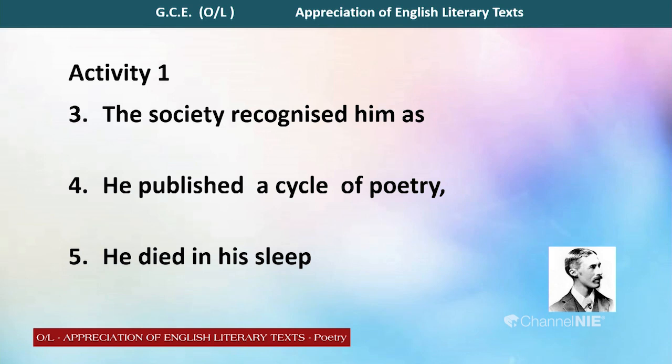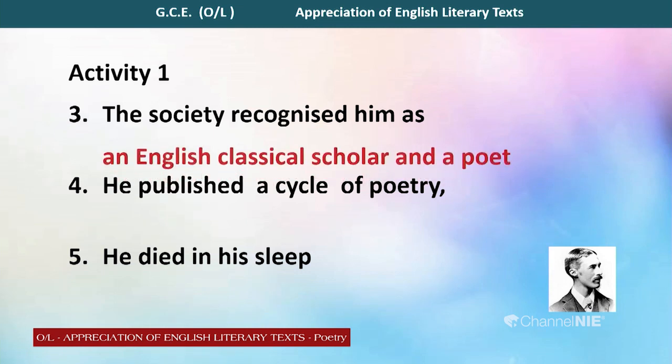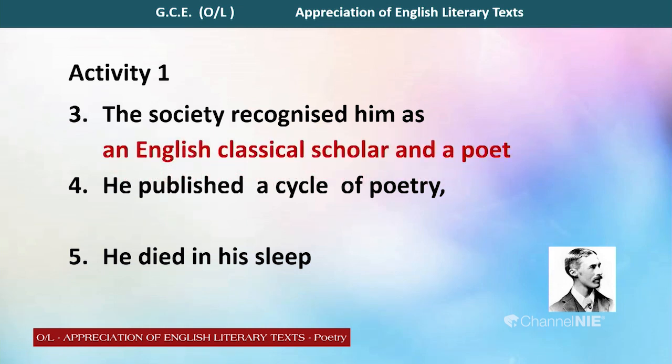Third sentence you are going to complete. The society recognized him as an English classical scholar and a poet. He was recognized as an English classical scholar and a poet.